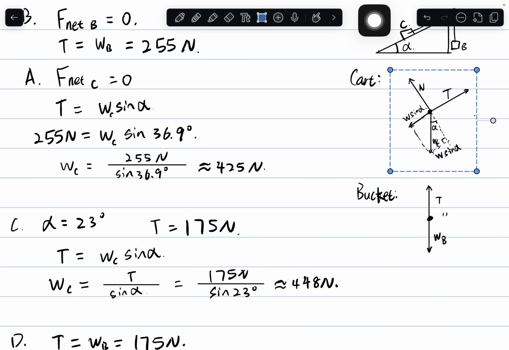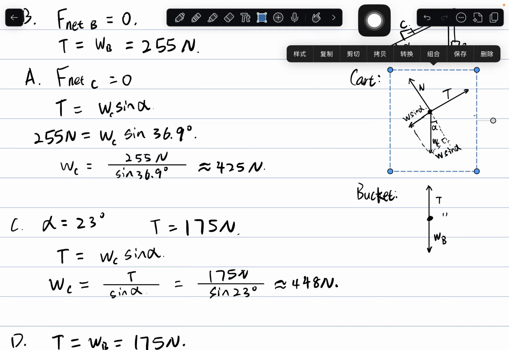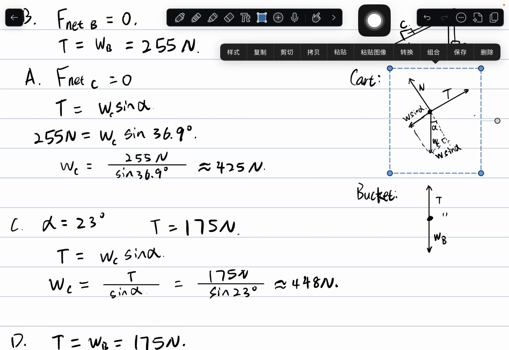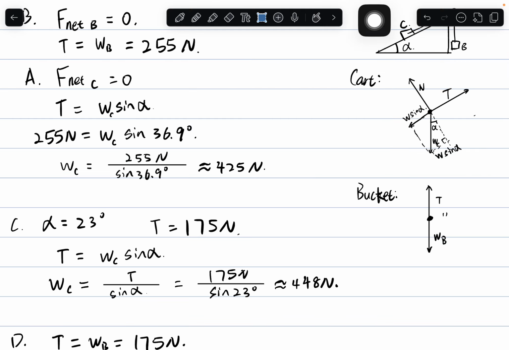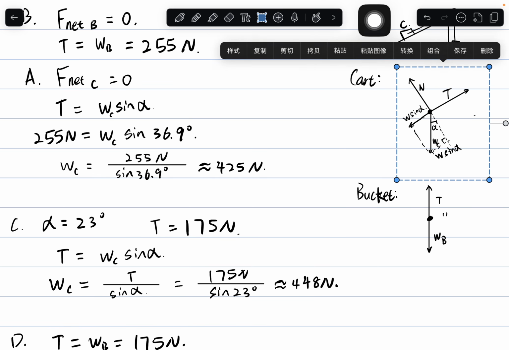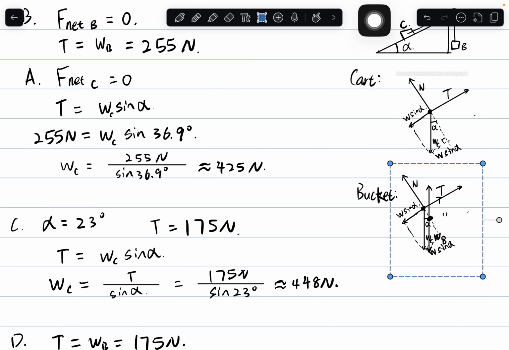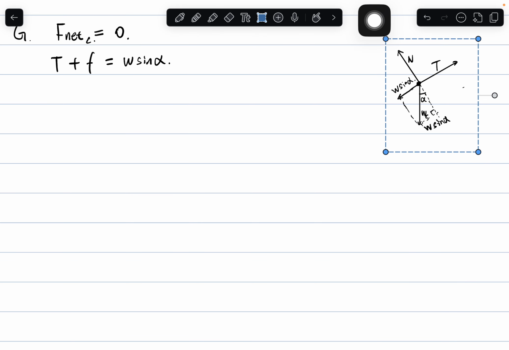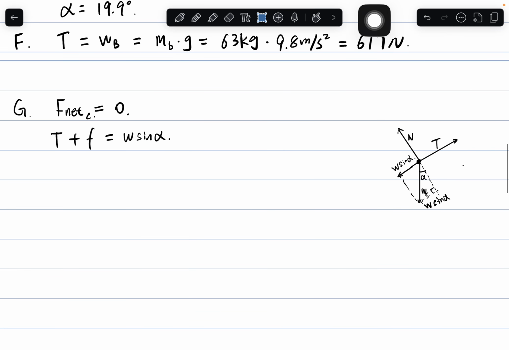Let me copy this and drag it down here so we can easily see.